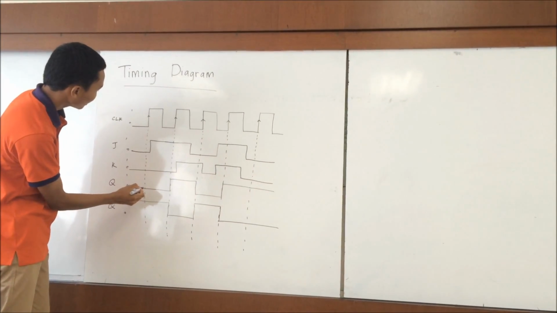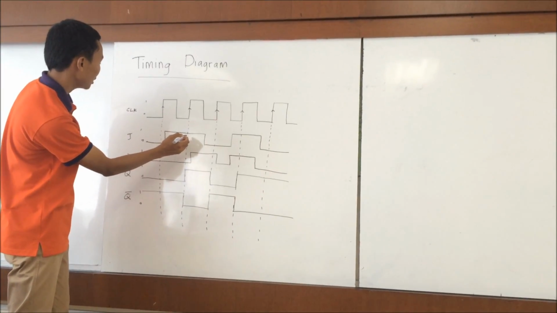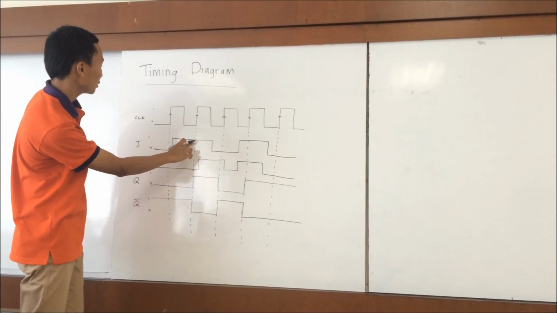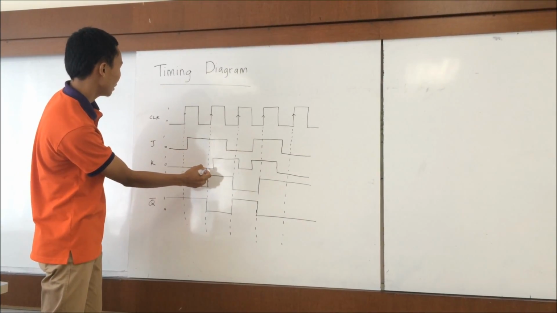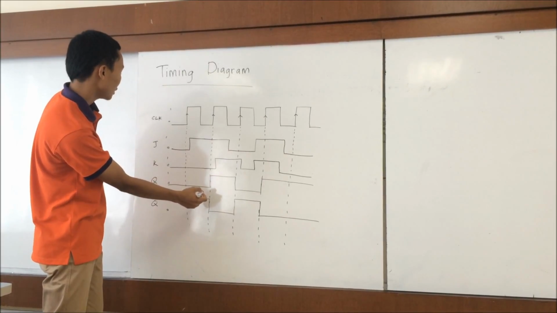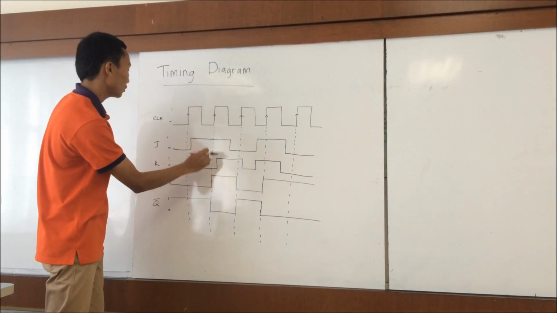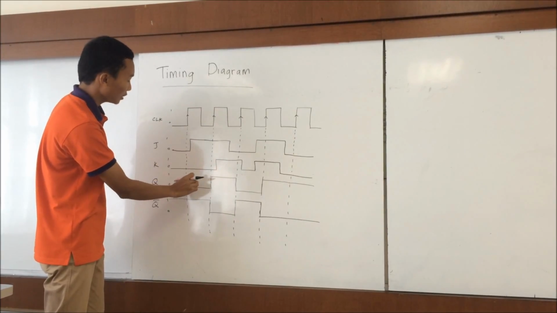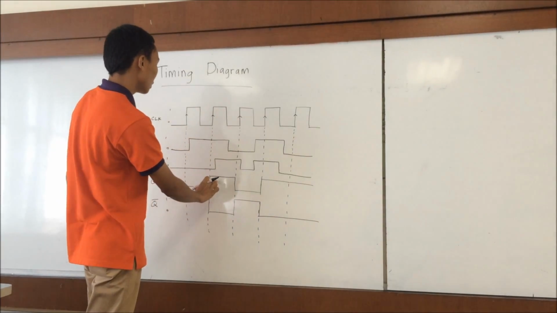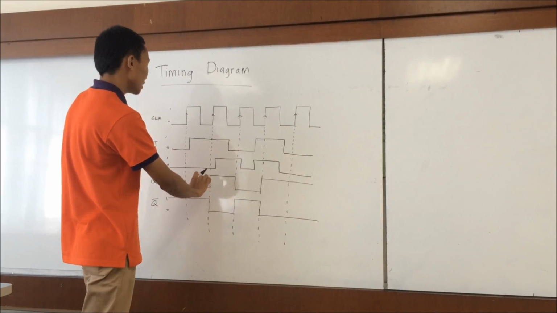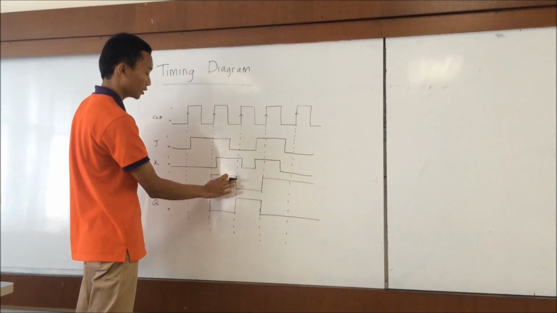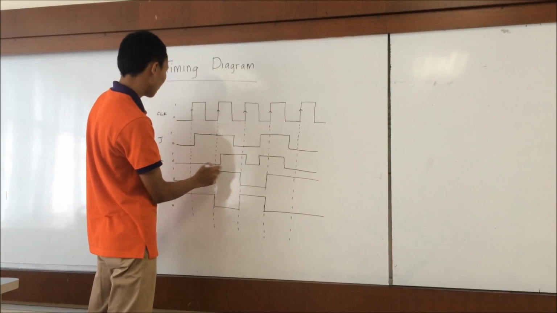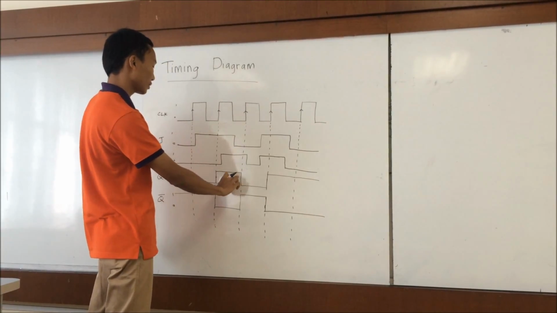For the second input of J and K, we take 1 and 0. So the output will be 1. We refer to this dotted line, but for the value of Q, the output of Q, we consider the whole area. So for this area, the value of the graph is 1.